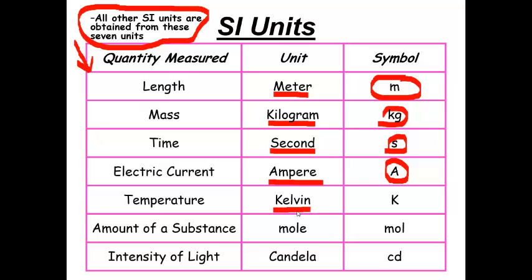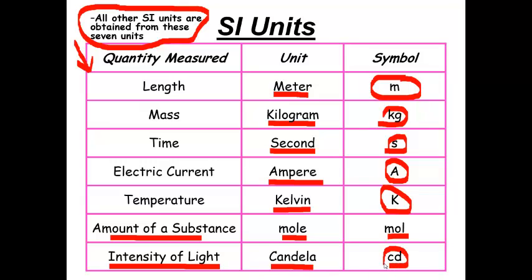So we don't use Celsius, we don't use Fahrenheit, we always use Kelvin. The amount of a substance, we use the mole, abbreviated mol. I know, that abbreviation is just crazy. For the intensity of light, we use the candela, abbreviated cd.